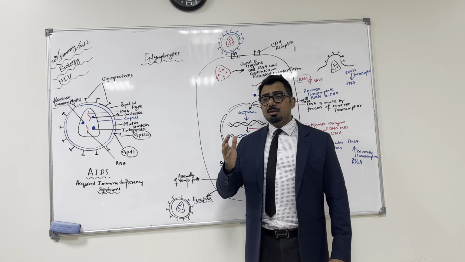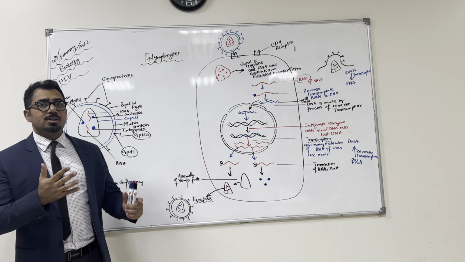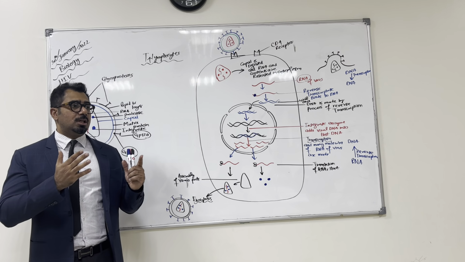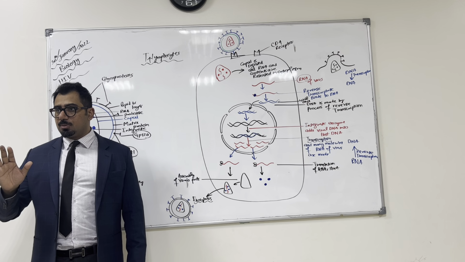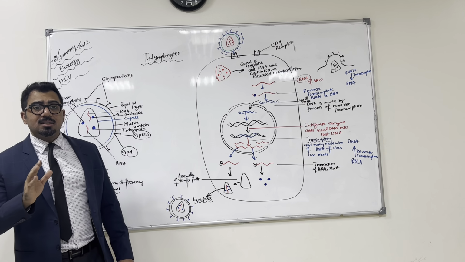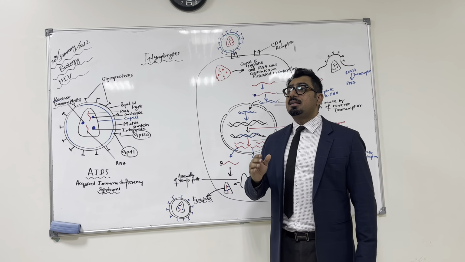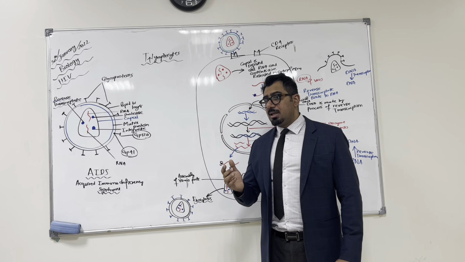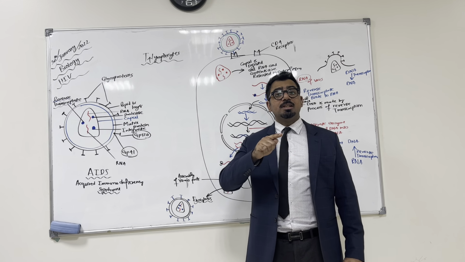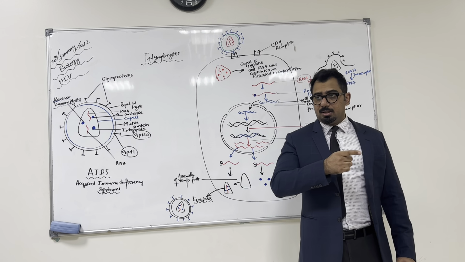But when homosexuality happens, they are having intercourse through the wrong pathway, there is no natural lubrication. So what happens is that the anal and rectal muscles tear and blood comes out. And from the semen of the infected person, the virus can easily enter into the blood.